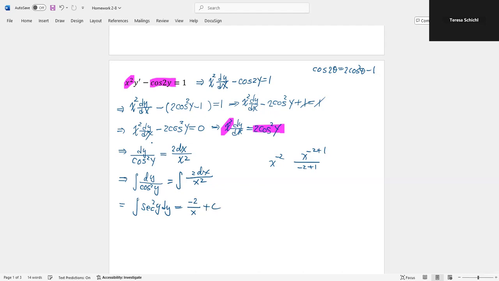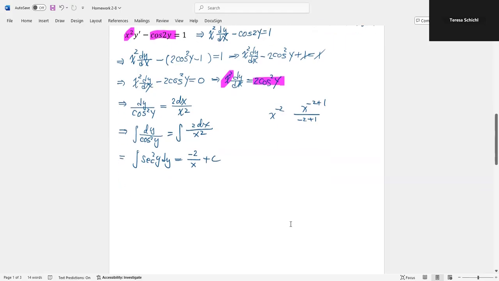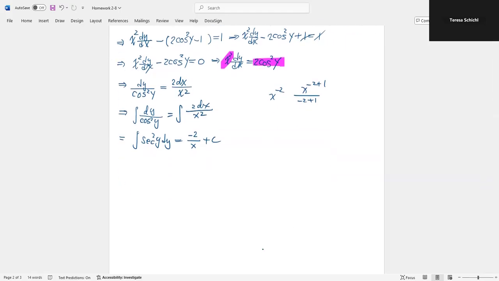Then we know the integral of secant squared is another very good identity: it will be tangent y equal to negative 2 over x plus c.